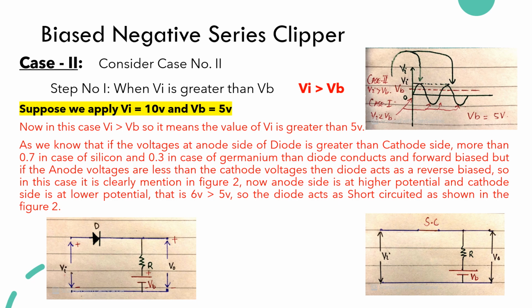So in this case 6 volts is greater than 5 volts, meaning the anode is at higher potential than the cathode side, so the diode acts as a short circuit as shown in figure number 2, which is very clear.